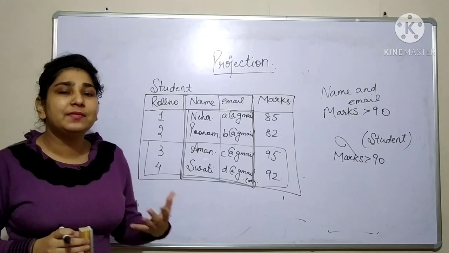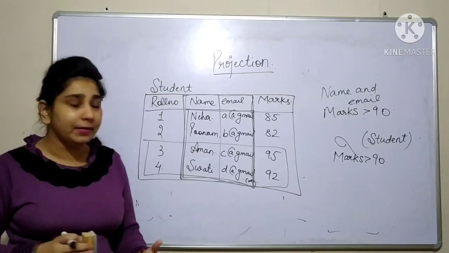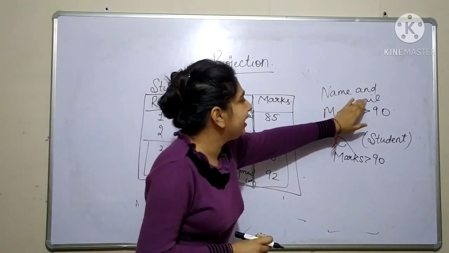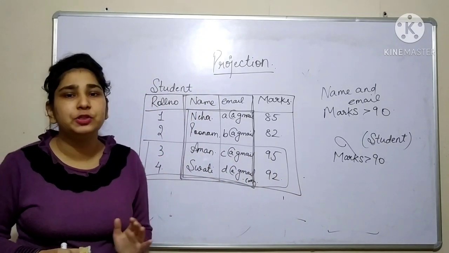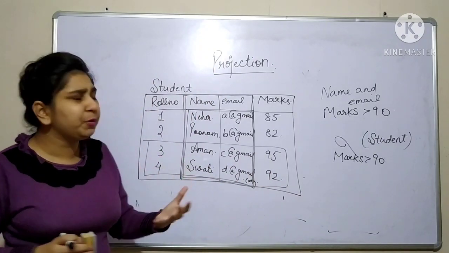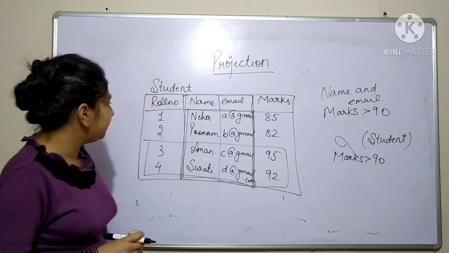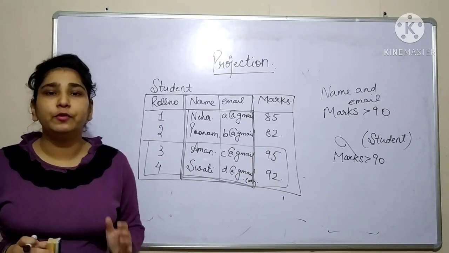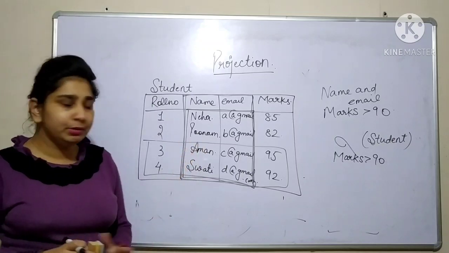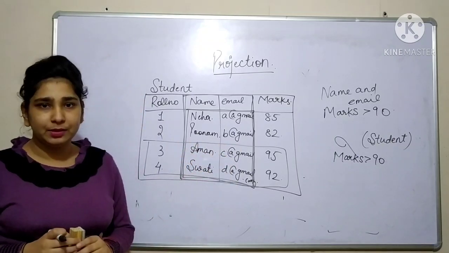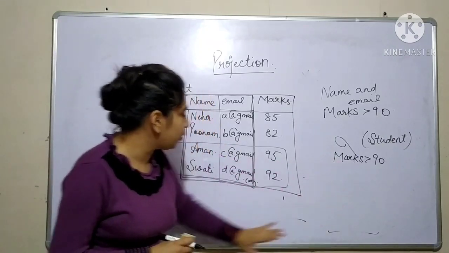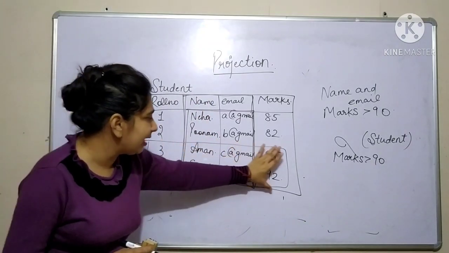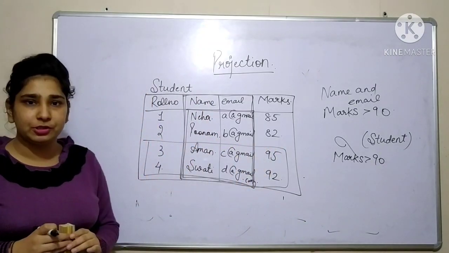But what is our question? We just want to fetch only the name and email of those students. We don't want the marks attribute and the roll number attribute. This selection operation is giving you this complete information.